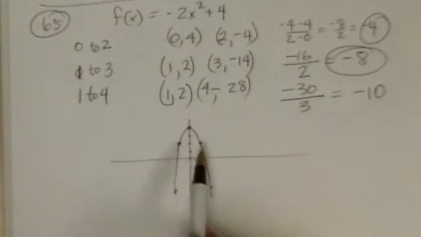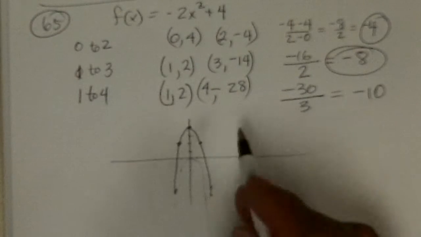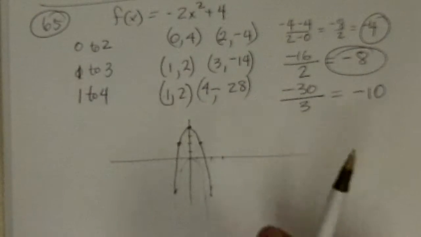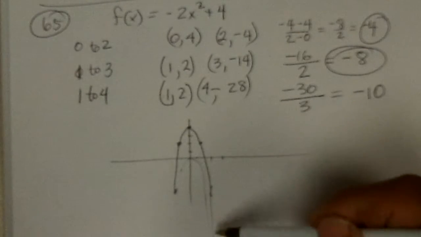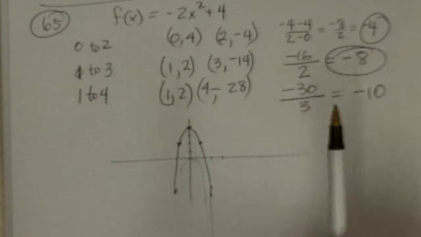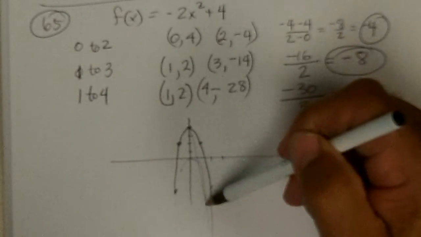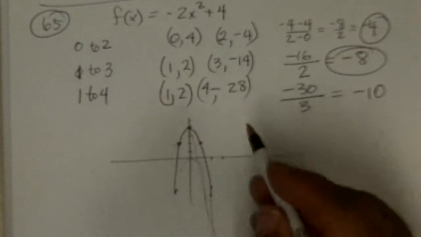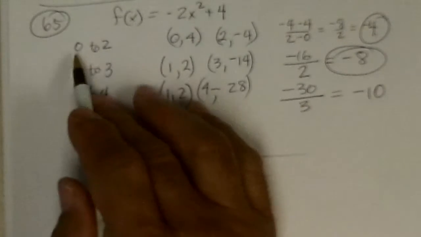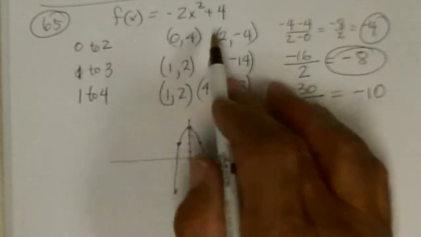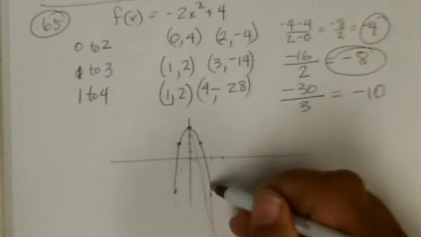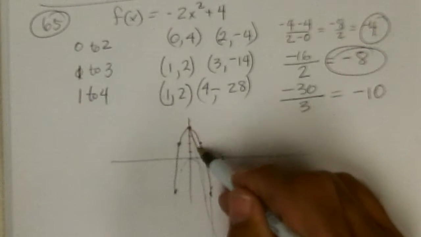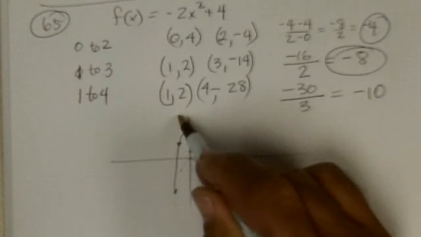And the slope from 0 to 2 is going to be pretty steep, going down, negative 4. From 0 to 2, it goes from 4 high to negative 4. So that's the slope of that first interval.